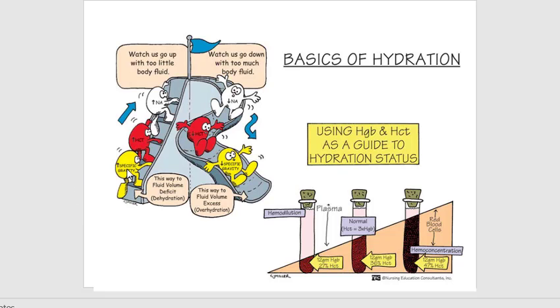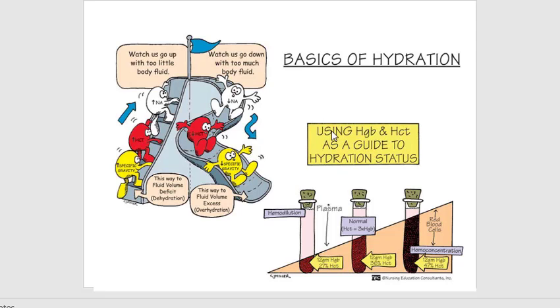So our urine specific gravity is going to go up, our hematocrit goes up, and our sodium goes up. Just some examples of things that are going to go up when we are hemoconcentrated or dehydrated. And then as you become more dilute, when that fluid level rises in your bloodstream, your sodium's going to drop, your hematocrit's going to drop, and your urine specific gravity is going to drop because the kidneys are going to start kicking out more fluid.